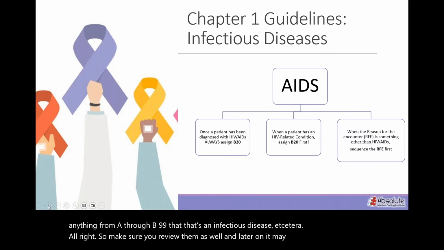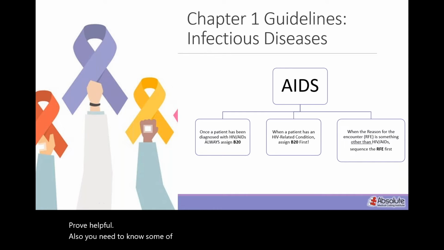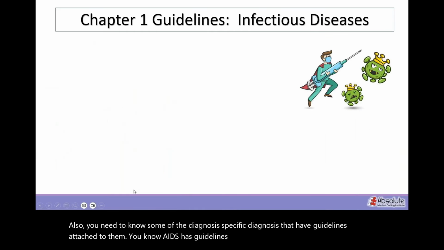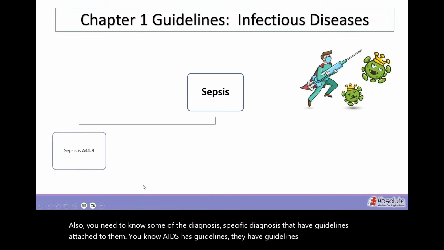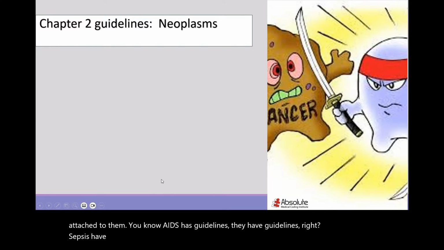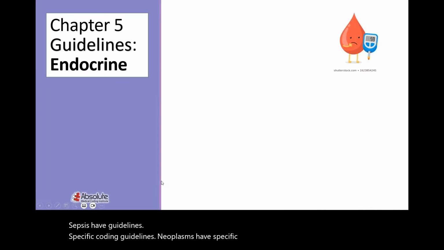Also, you need to know some of the specific diagnoses that have guidelines attached to them. You know, AIDS has guidelines. Sepsis has specific coding guidelines. Neoplasms have specific coding guidelines.